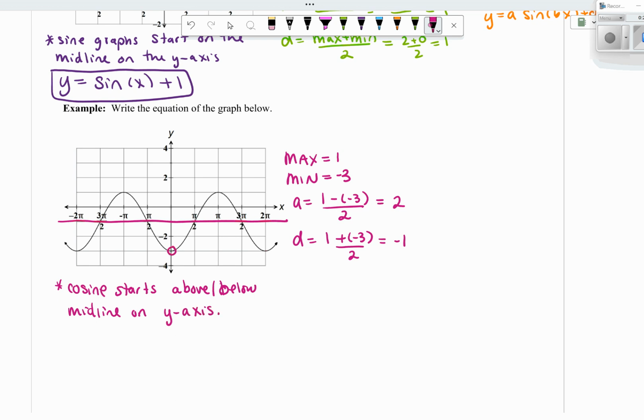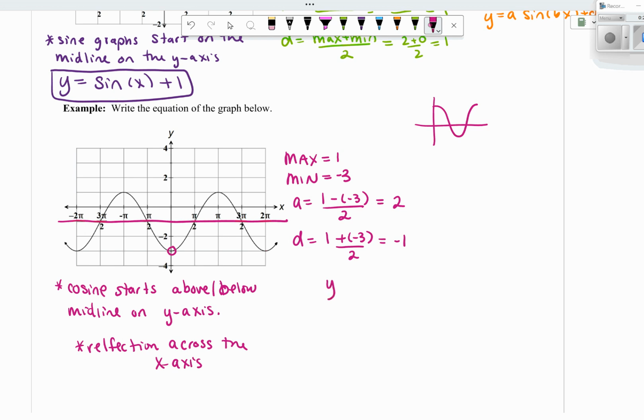So this is below instead of above, because remember that the parent graph for cosine only looks like this. So because it starts below, that means it does have a reflection across the x-axis.